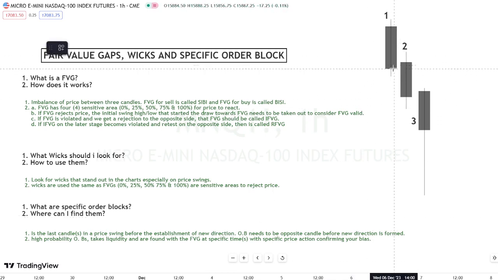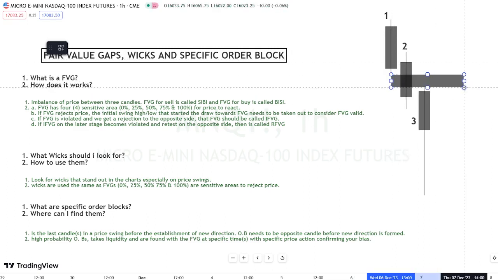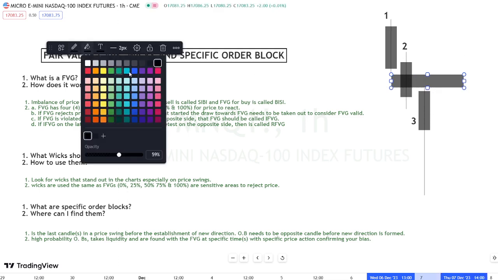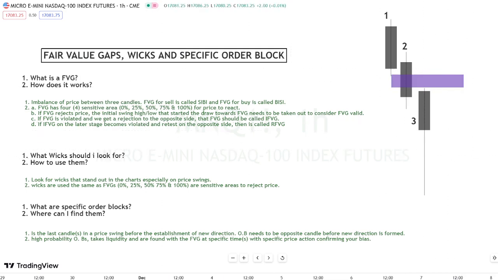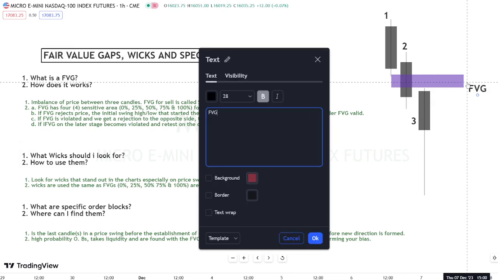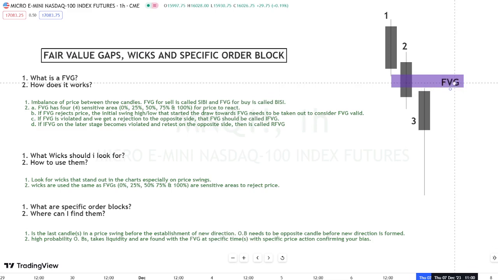You see these candles, the market likes to balance price as it moves. But look at the low of this candle and the high of the third candle right there. This right here is what we call a fair value gap. And then we abbreviate it as FVG.